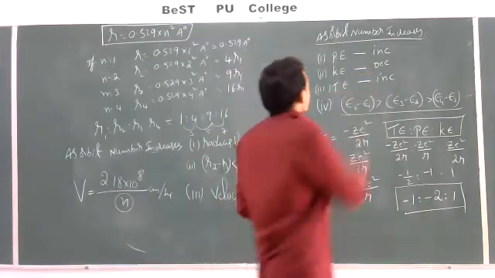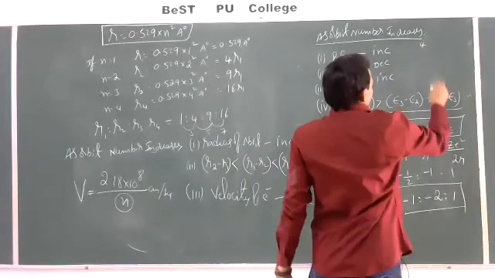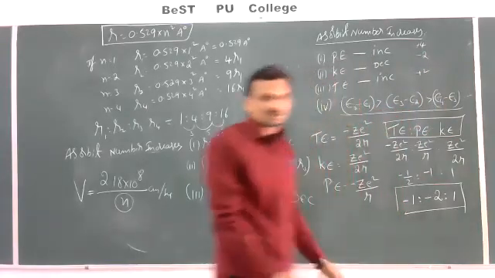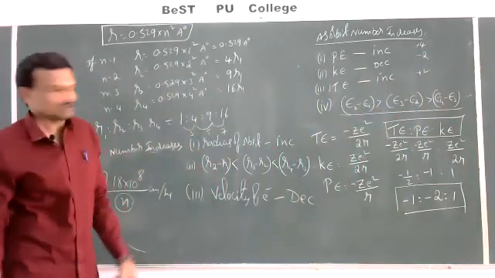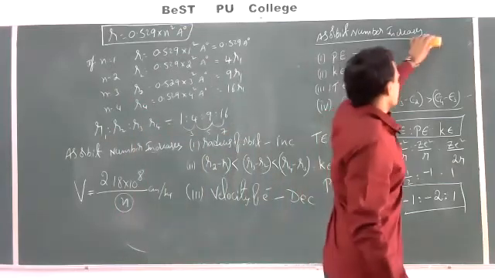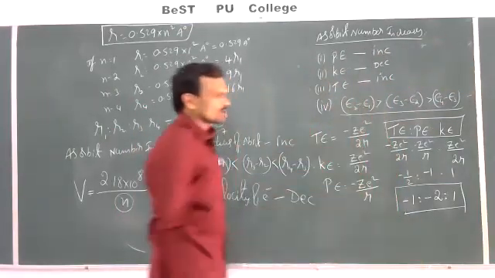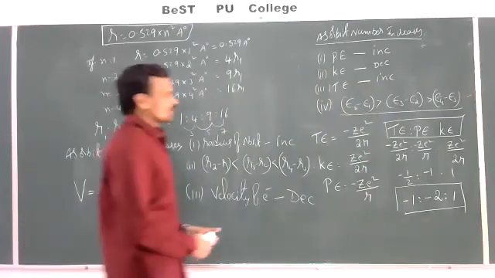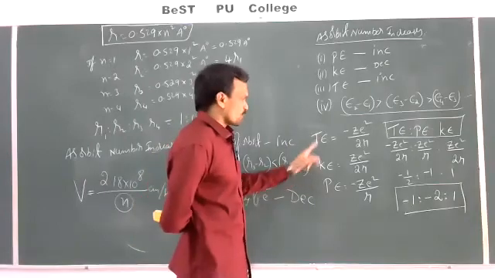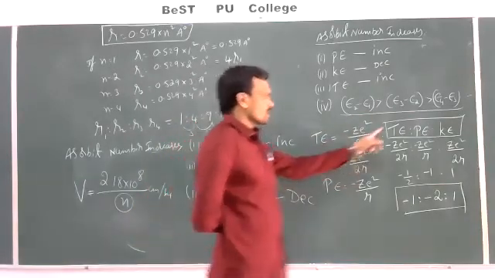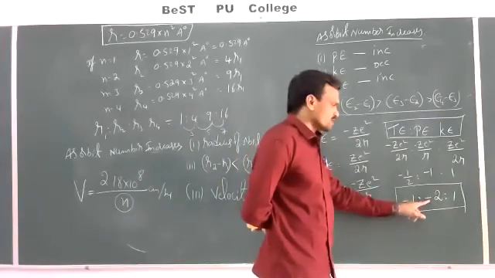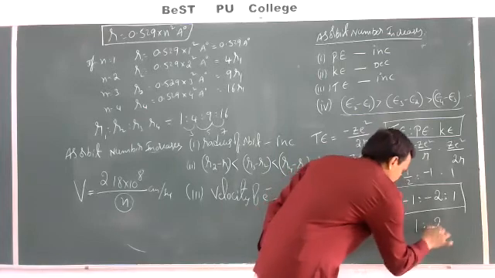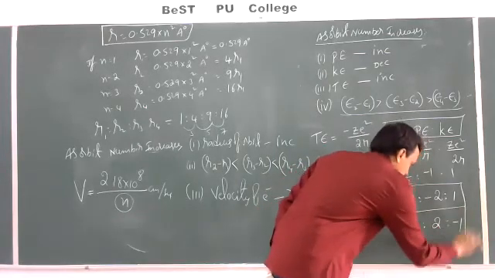Means if potential energy increases by a factor of 4, then kinetic energy will decrease by a factor of 2, then total energy is increased by a factor of 2. Next, as the orbit number increases, the energy difference between two successive orbits decreases. The ratio of total energy, potential energy and kinetic energy is minus 1 is to minus 2 is to 1, or the same we can also represent as 1 is to 2 is to minus 1.